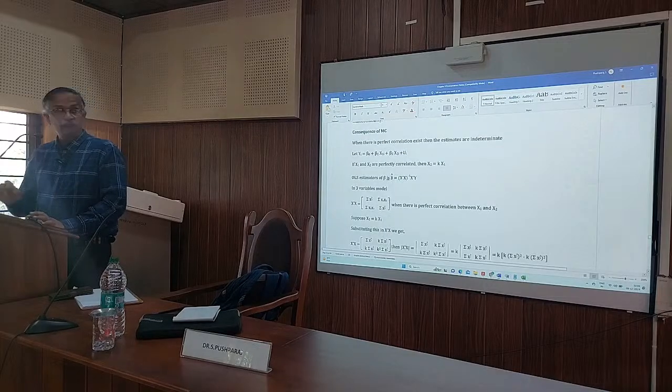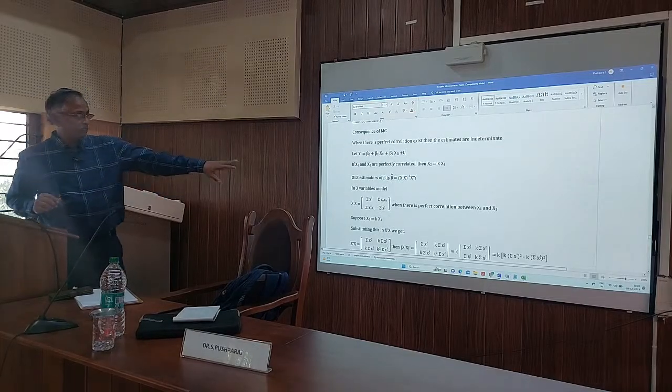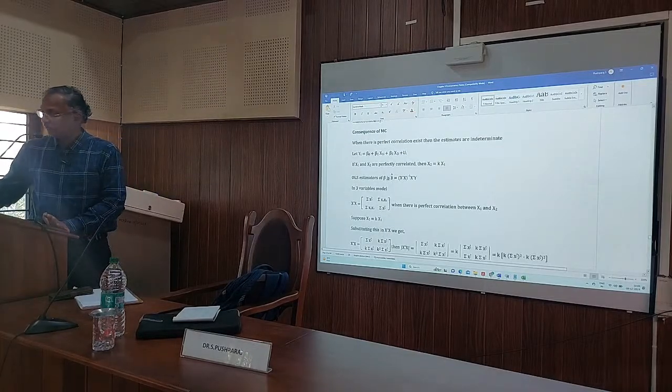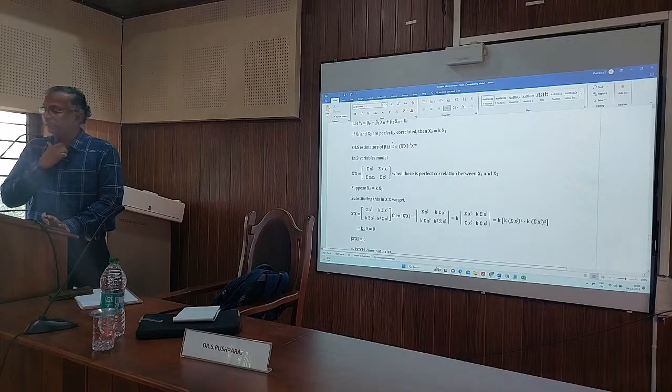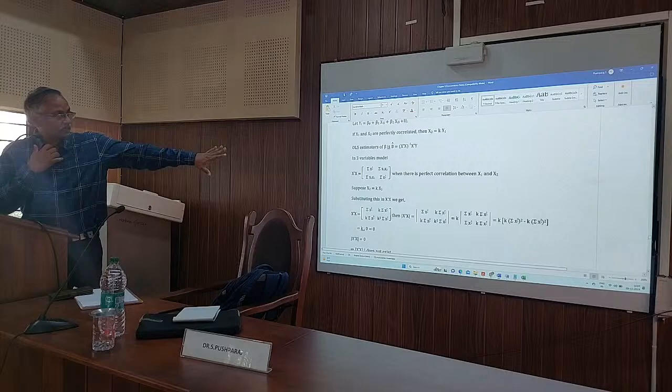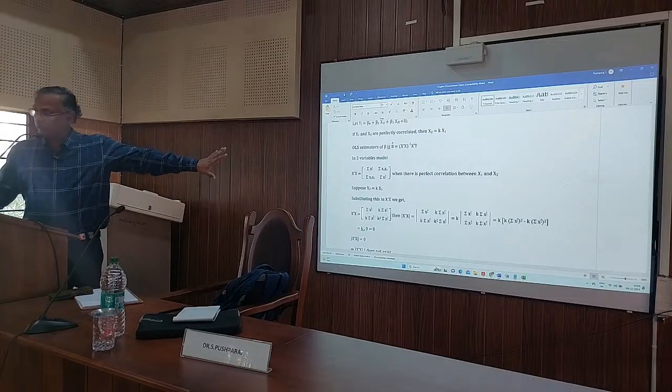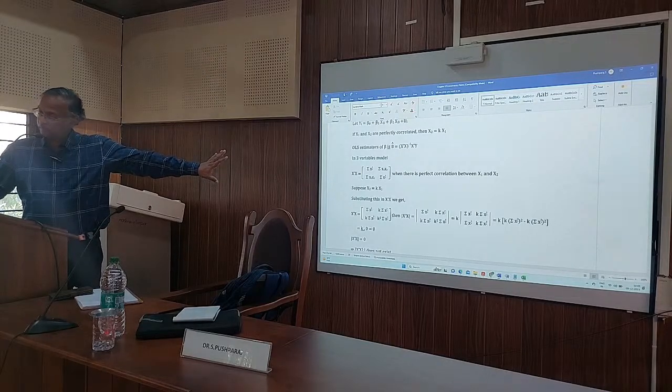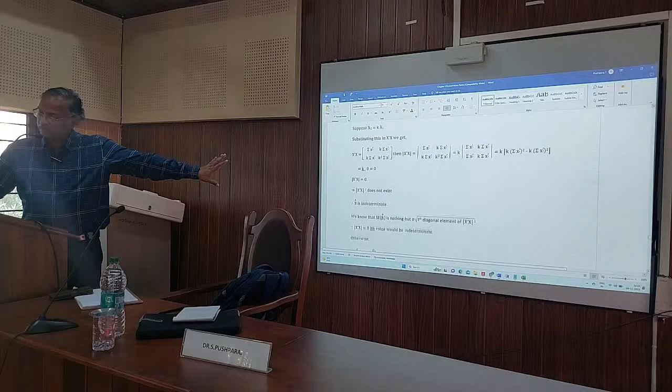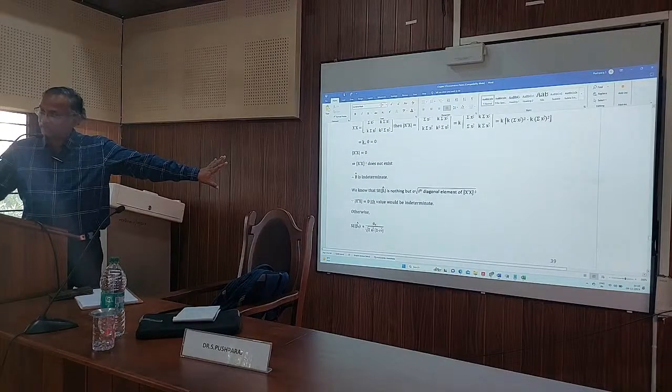So this is the coefficient, beta hat. Beta hat is estimated as x dash x whole inverse x dash y. This is the estimator in the OLS.